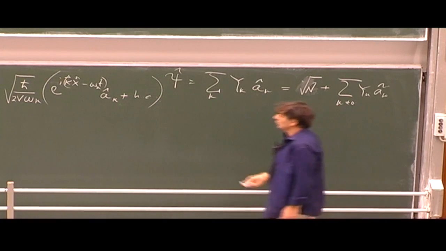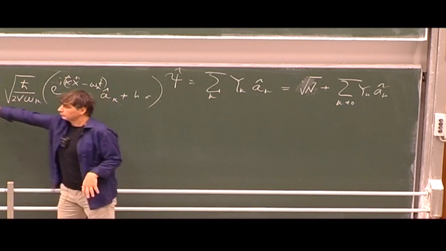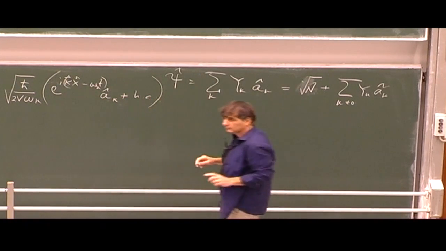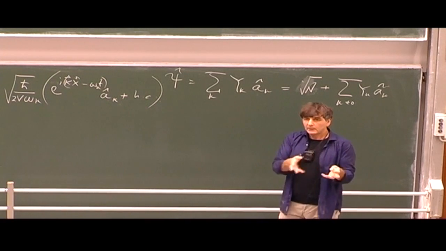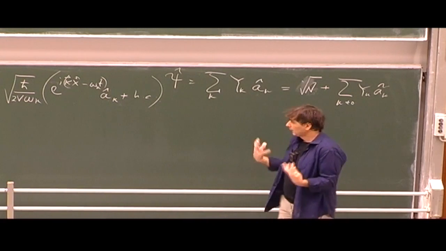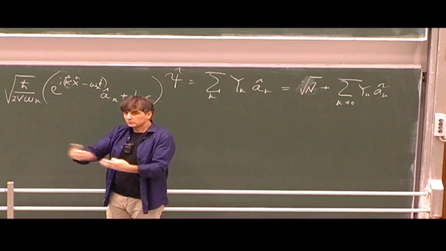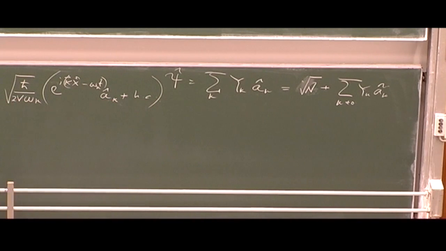What's the physical meaning of this expansion? When we say that the quantum field is a set of creation and annihilation operators, how can we understand in this language the relation between the quantum field and the classical field? The relation is that when you have a situation where the occupation numbers are large, let's say a coherent state.